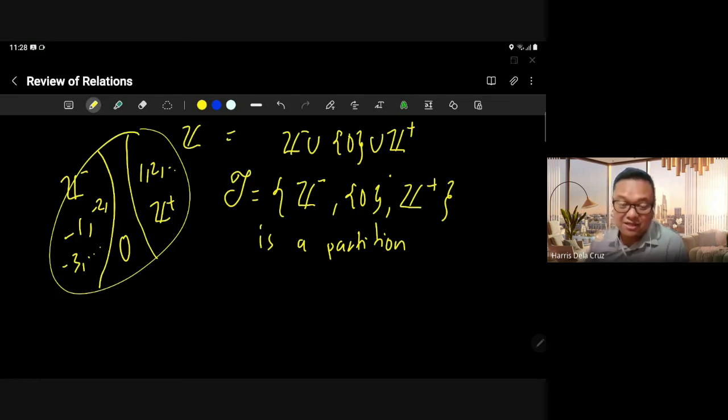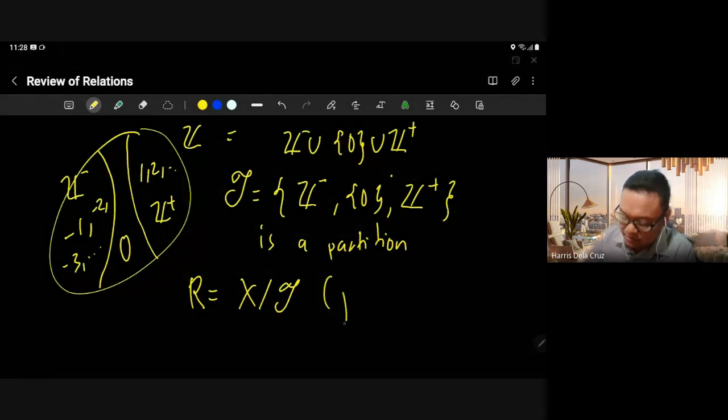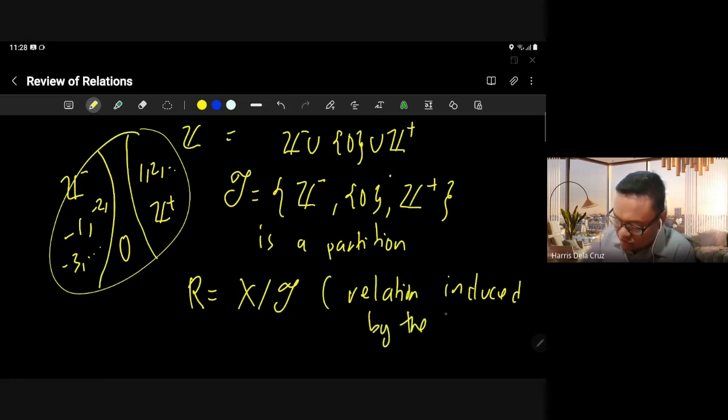Now, paano natin i-define yung relation induced by the partition T? So, yung relation natin is X over partition T. So, this is a relation induced by the partition. So, naunang given yung partition, ha?